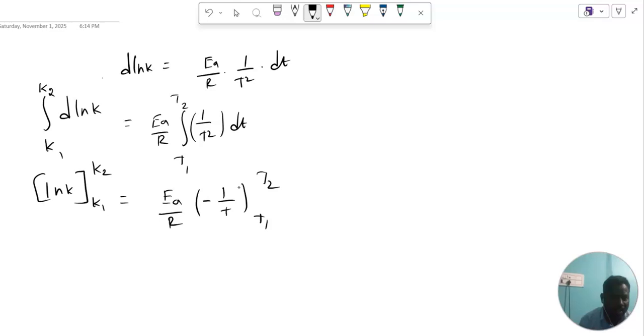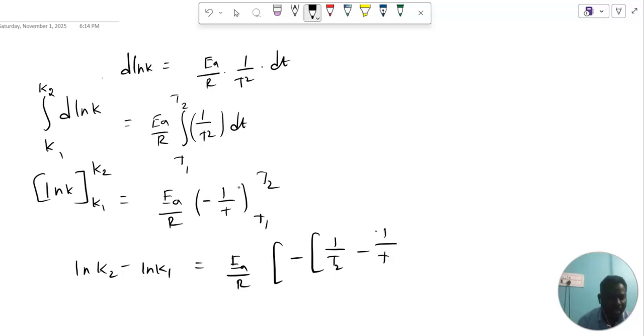Here I'm telling you a little faster. So applying the limits, ln k2 minus ln k1 is equal to EA by R. Here I am keeping the minus sign outside so that it is easy to understand. 1 by T2 to 1 by T1.